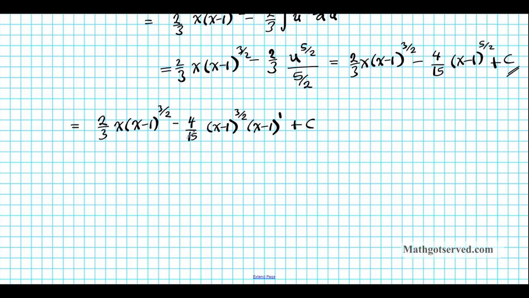Okay, so I can now factor out, let's see what's common. 2 and 2 are common in here, so I can take out a 2 and also a 3 from both terms. And I can also take out x minus 1 to the 3/2. Okay, so in this term right here, all that will be left is just simply x.